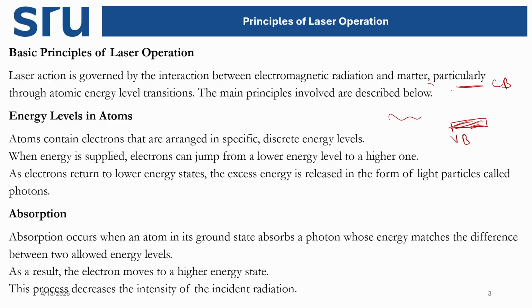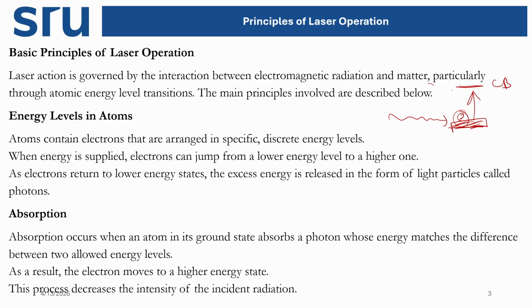It absorbs light or energy from outside, maybe mechanical, electrical, or photon energy. Then the electron is excited and goes to the higher energy state. This process is called absorption.